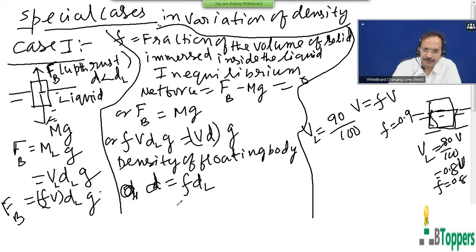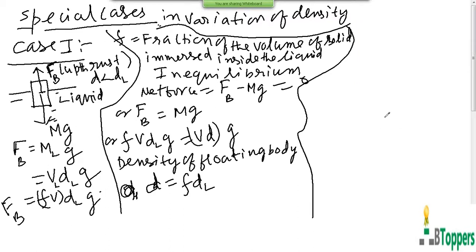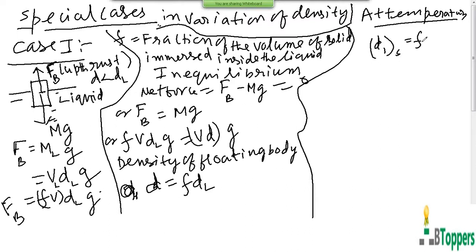At another temperature T2, F2 denotes the fraction of the volume of the solid immersed inside the liquid. So at temperature T1, the density of the solid at temperature T1 can be written as F1 into the density of the liquid at temperature T1.